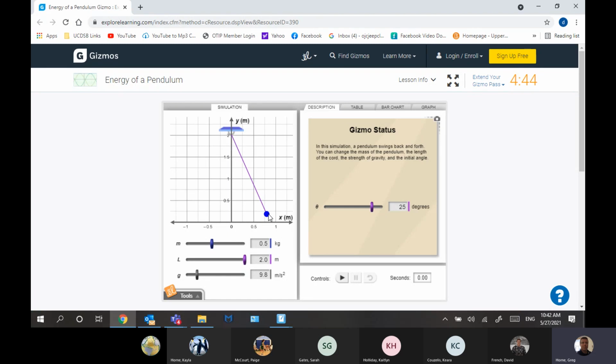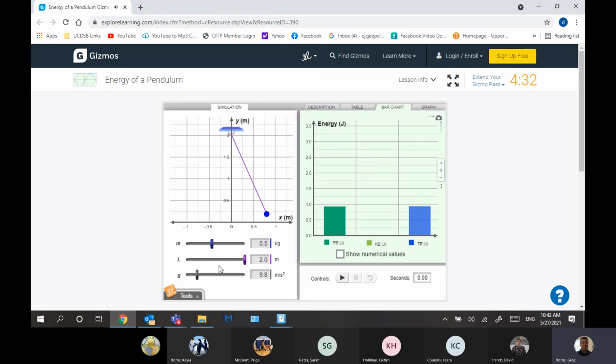When the pendulum's up here, energy is stored in gravitational potential energy, and then when it's swinging through, you've got kinetic instead, and it goes back to stored, and then gravitational and then kinetic. When I press play, you see the energies. Picture this just being a spring bobbing up and down.